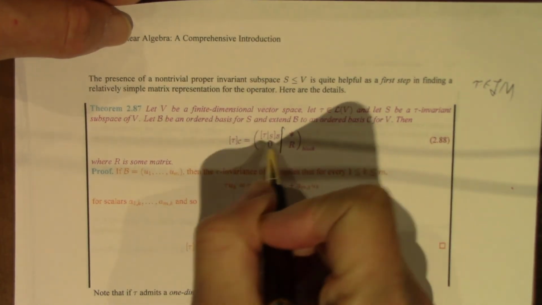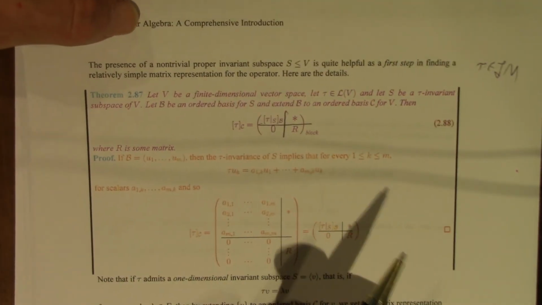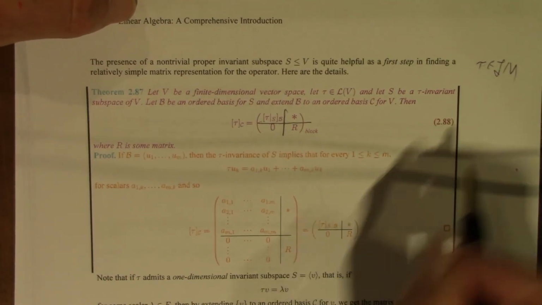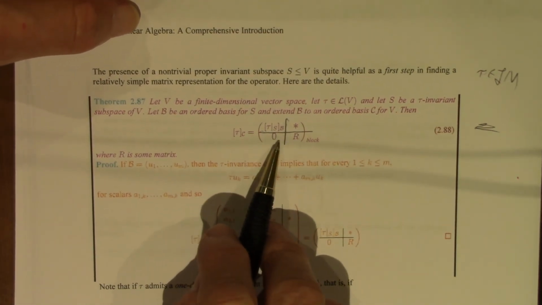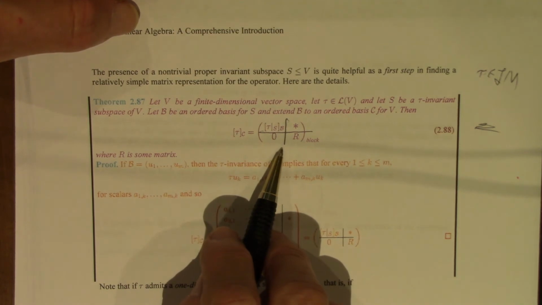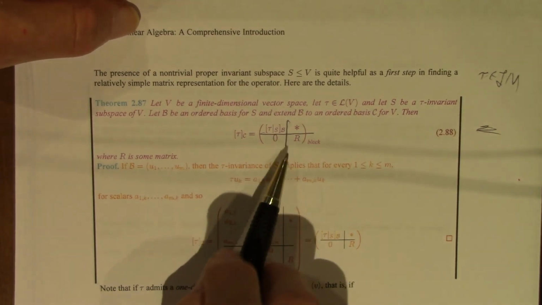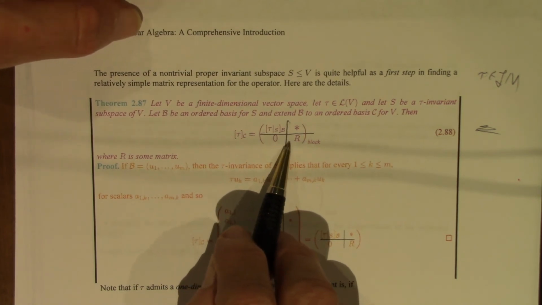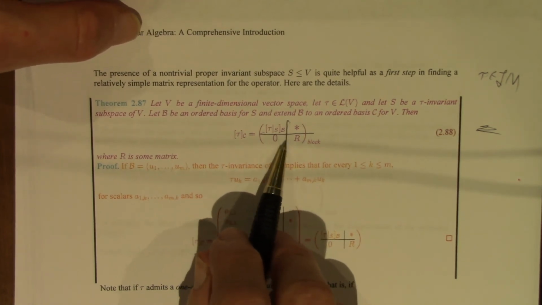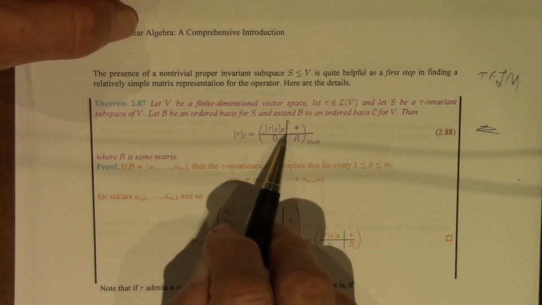Maybe I should draw lines here, just to emphasize the blocks. This is a good first step in finding a relatively simple, and I emphasize the word relative, as you will see later in the course, relatively simple matrix representation for the operator.